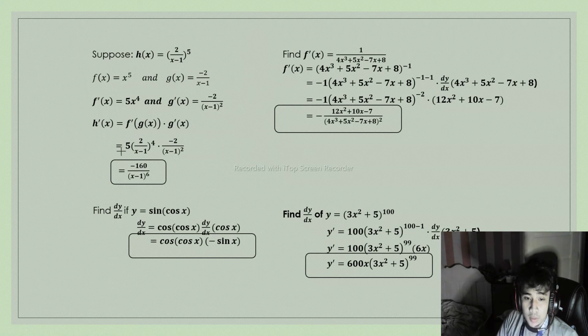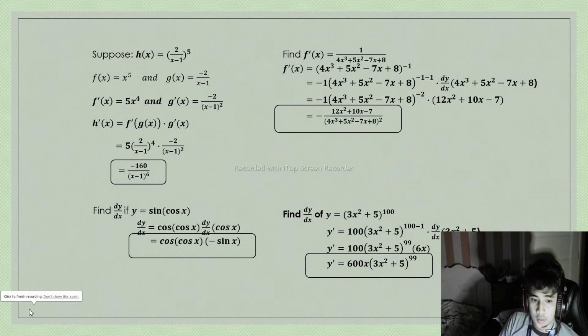Tapos, pag nakuha na natin yan, gawin na natin yung power rule na ginawa natin kanina. Ayun ay 5 times. So, sisimplify natin tong equation na to by multiplying this one to this one.